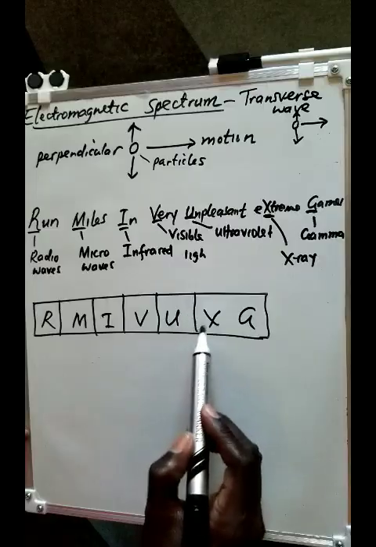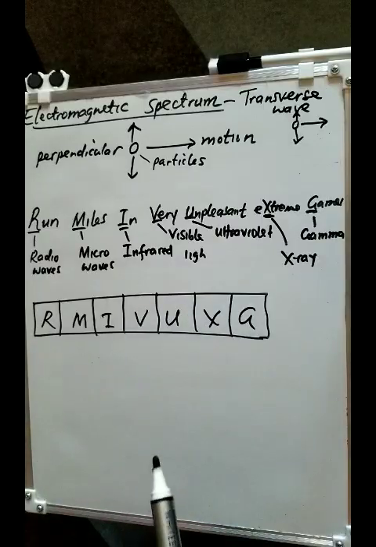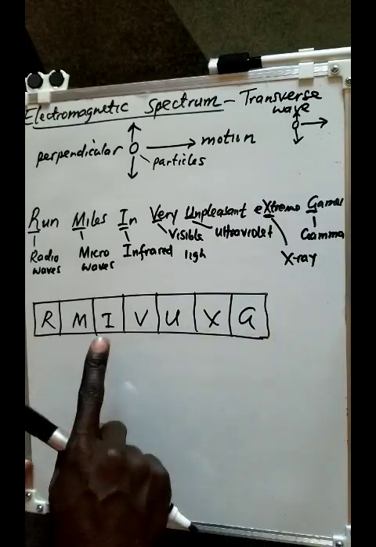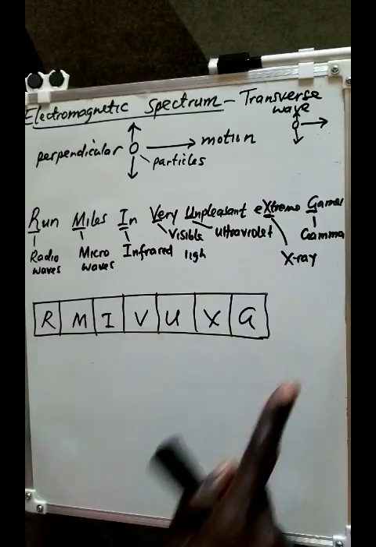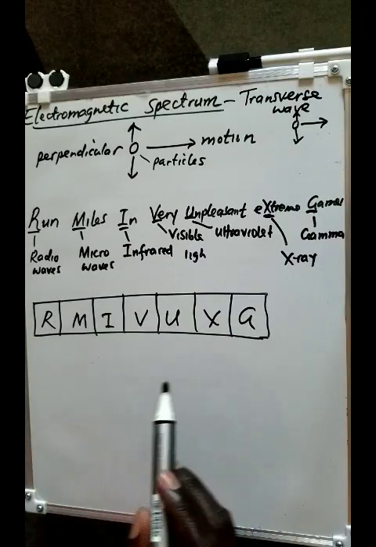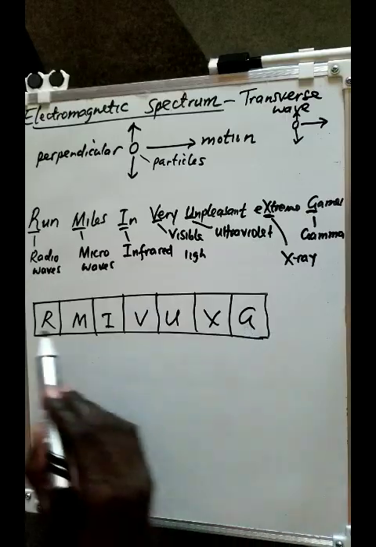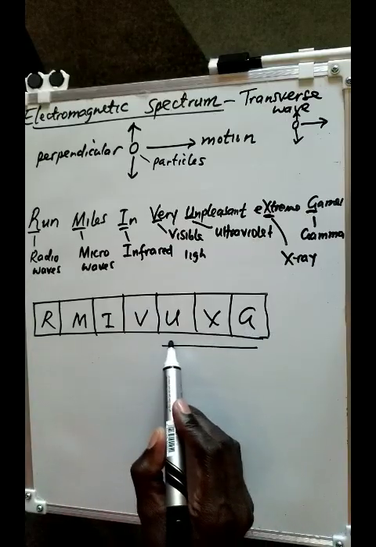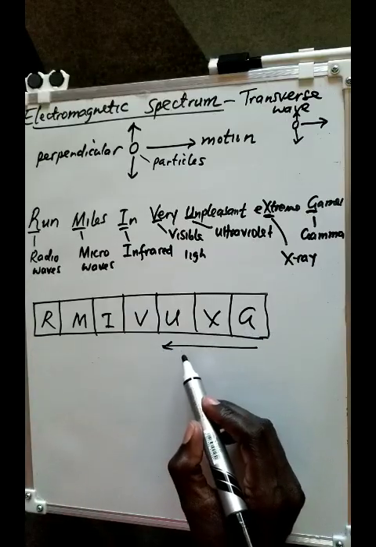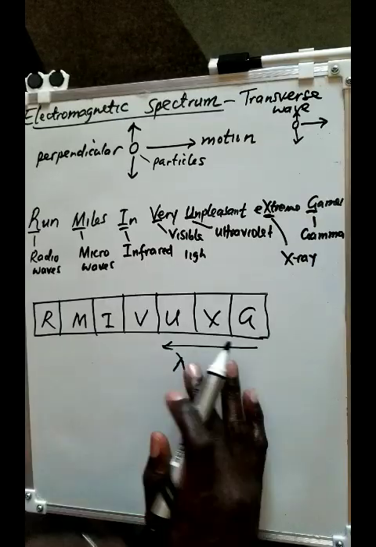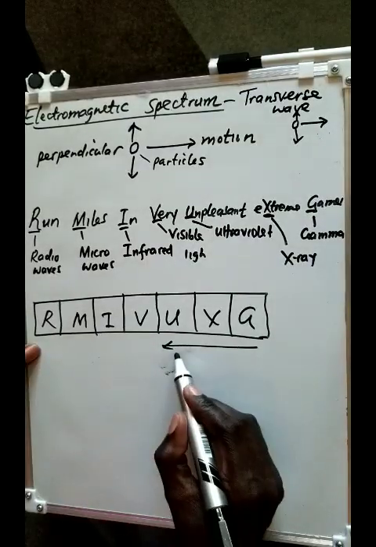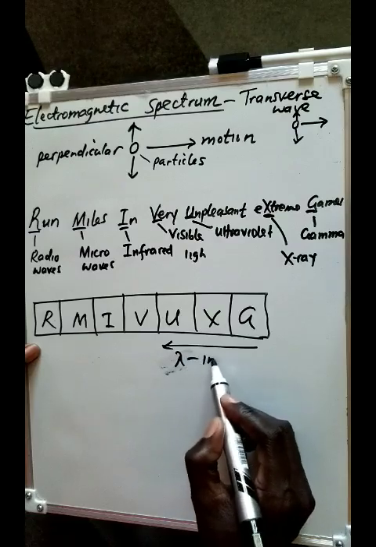They are going to eliminate some of them and tell you to identify which waves are there. Now you need to remember that as you move from gamma rays going to radio waves, one thing that is notable is that the wavelength, lambda, increases.